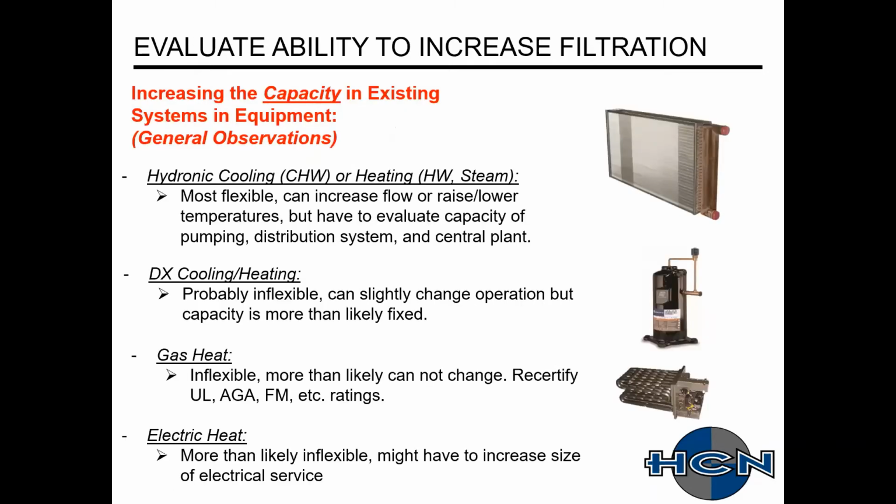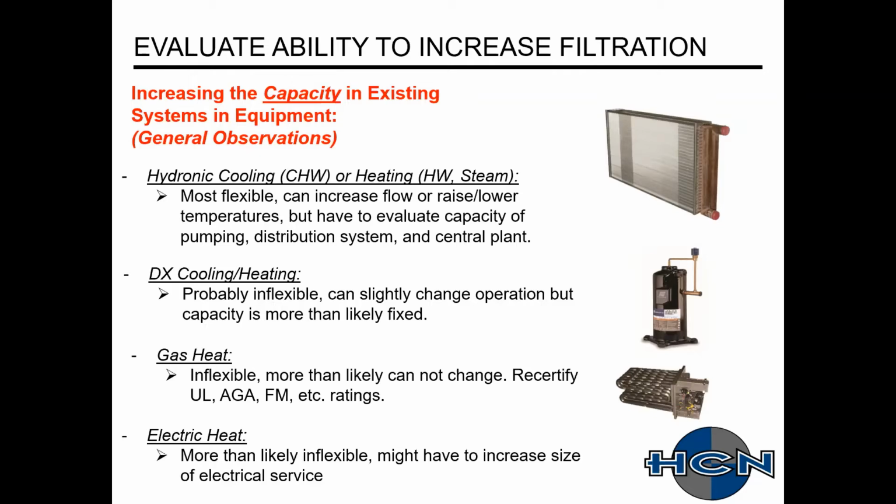All right. So first, looking at the capacity of your existing systems, these are just general observations. If you have a hydronic cooling and heating system, this more than likely is your most flexible opportunity to improve your capacity.